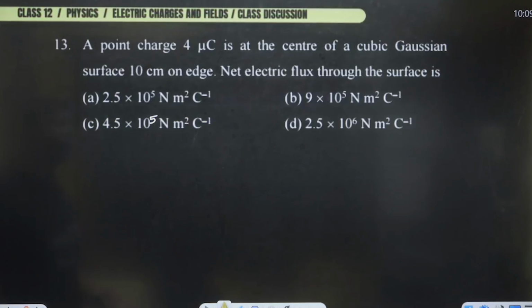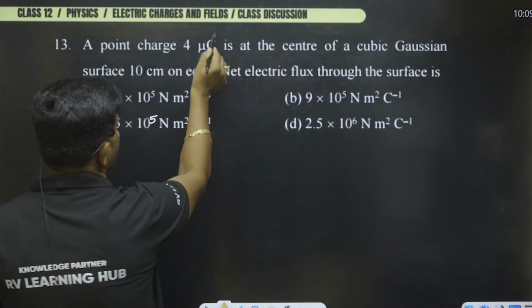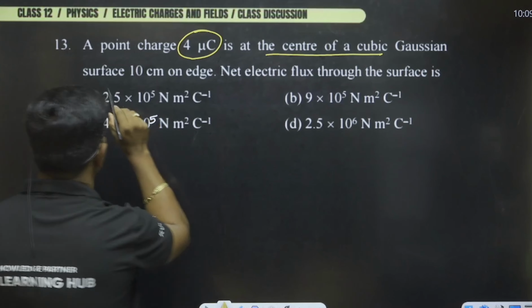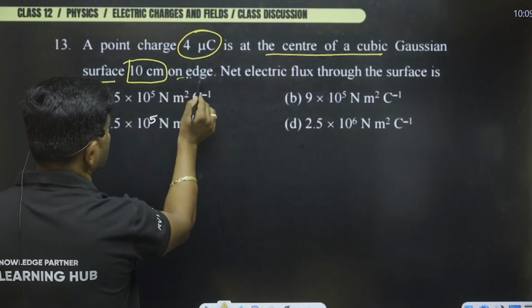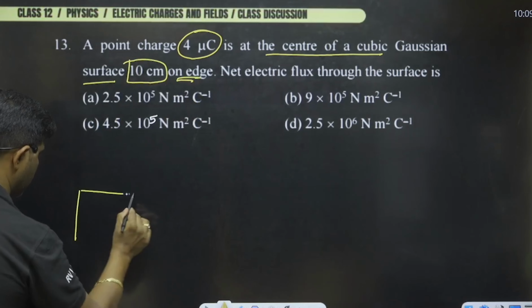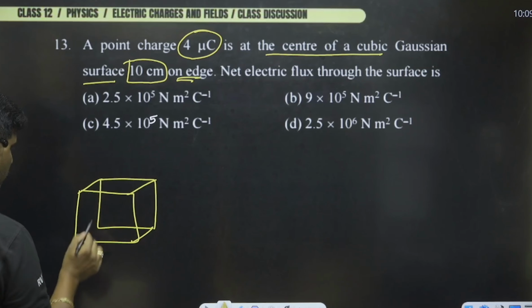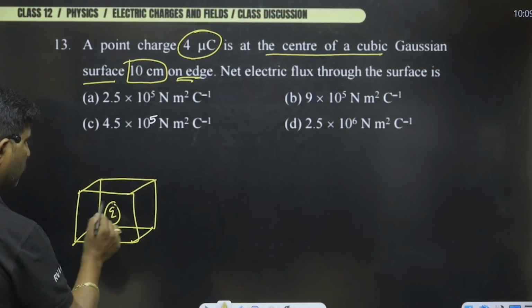What they are saying to us: a point charge of 4 microcoulomb is at the center of a cubic Gaussian surface 10 centimeter on edge. So let us say there is a cube here like this, and there is a charge at the center.